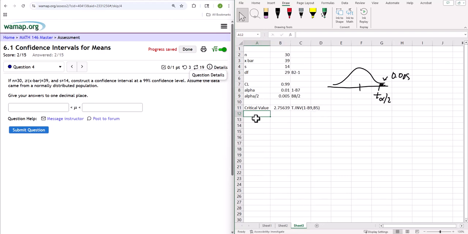hopefully. So now our standard error. Our standard error is equal to the sample standard deviation divided by the square root of n.